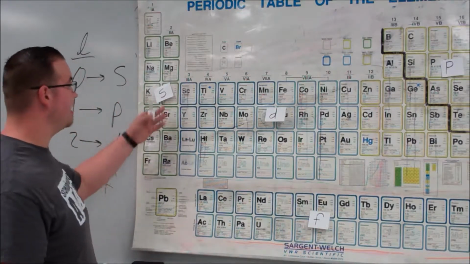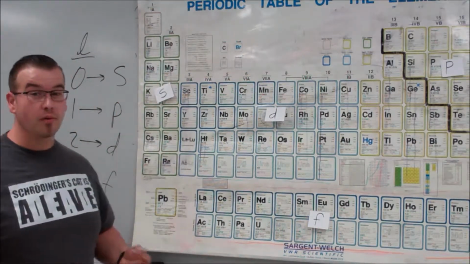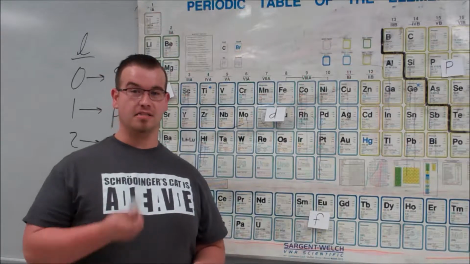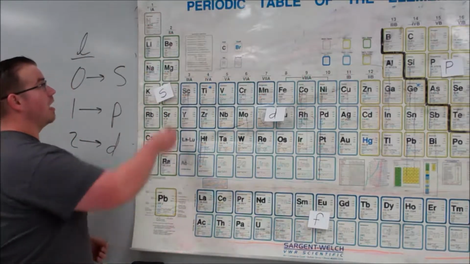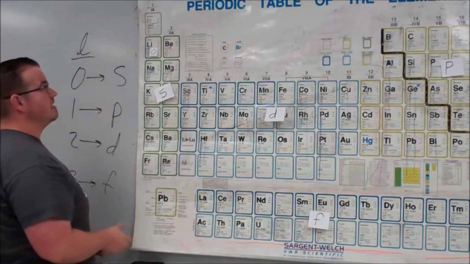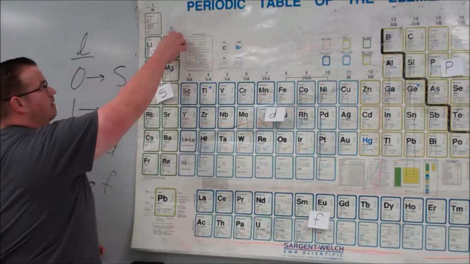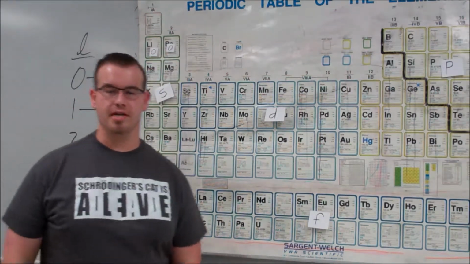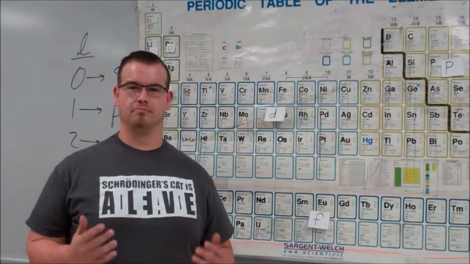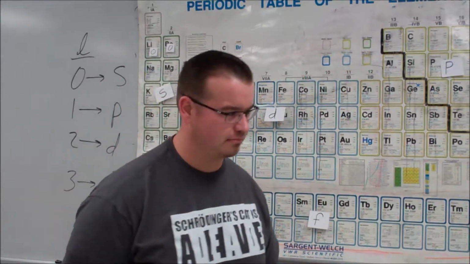In the S block, there's only one orientation, 0. So the first column of the periodic table is 0, and the second column is 0. That's all it is.